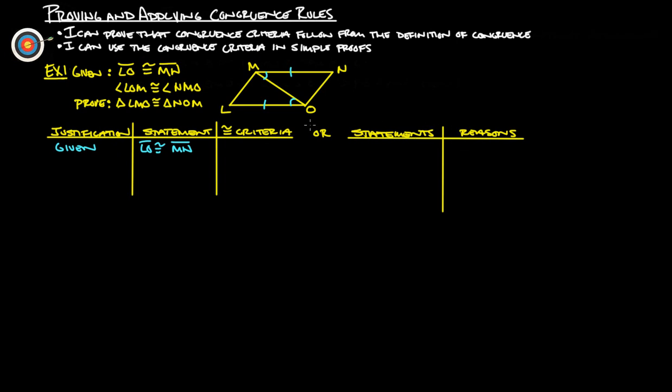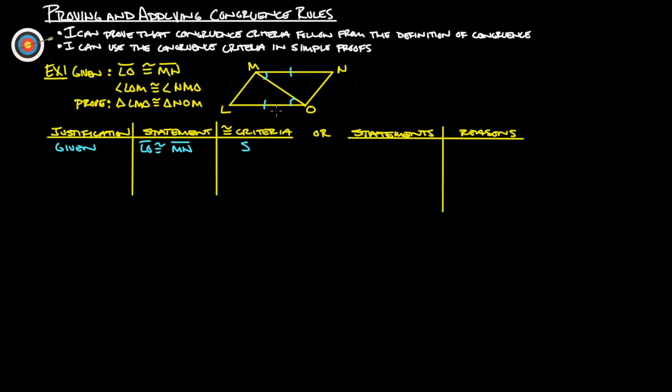This is just a two-column proof, and then this is a little bit different look at the proof here. So LO is congruent to MN, and the congruence criteria on that is a side. So that's one of our given pieces.